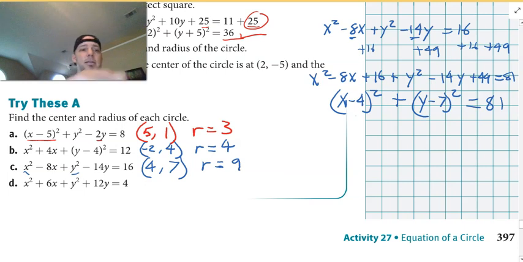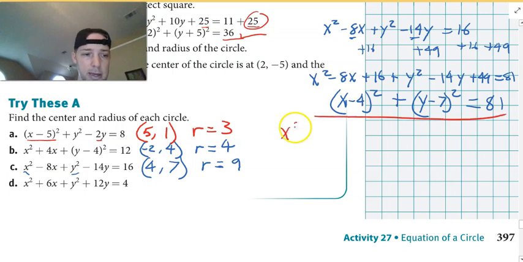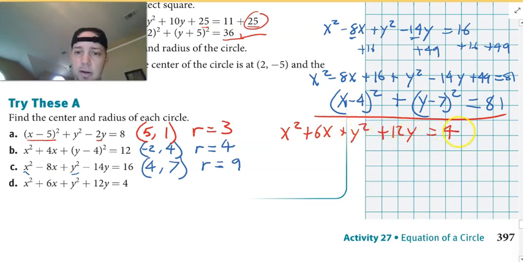All right, for D, looks like we do have one more to put on there. So let's check and see. For D, x squared plus 6x plus y squared plus 12y equals 4. Complete the square here and here. So half of 6 is 3. 3 squared is 9.